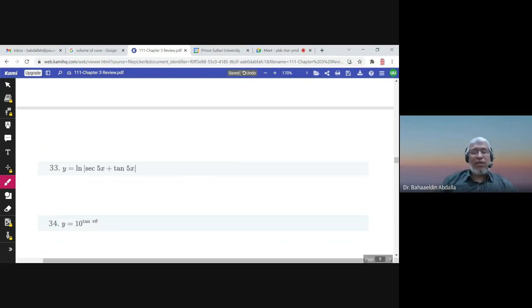We studied that the derivative of ln absolute value of u is 1 over u times u prime. So u prime would be 1 over secant 5x plus tan 5x, and there is no need for the absolute value. This is what we studied. Times the derivative of secant 5x.